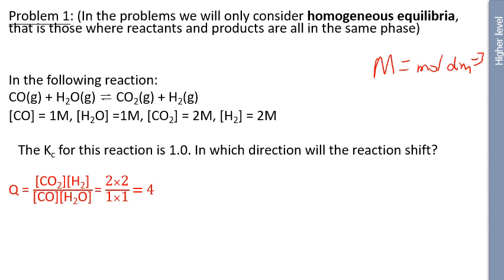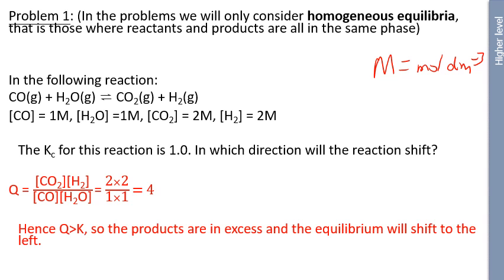Okay, so the first thing is that we look at the reaction quotient, which we looked at in the last topic. Essentially it's substituting the numbers for the concentrations that we've been given, and therefore getting a reaction quotient of 4. Now we're told that the Kc for the reaction is 1, which obviously is not 4.